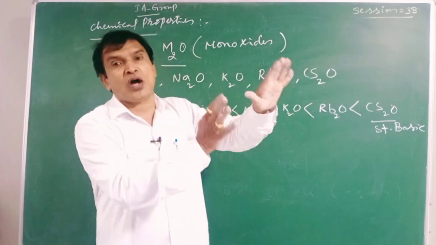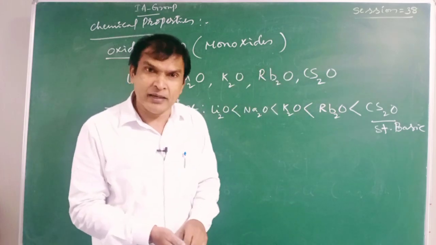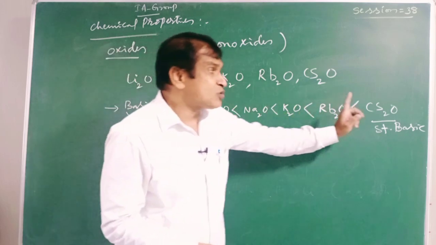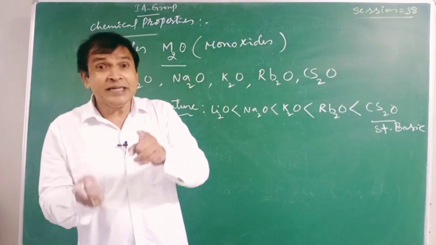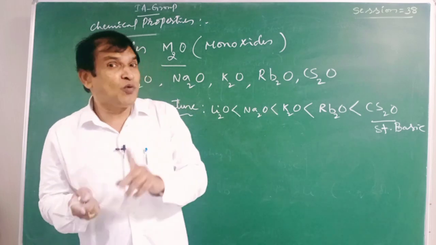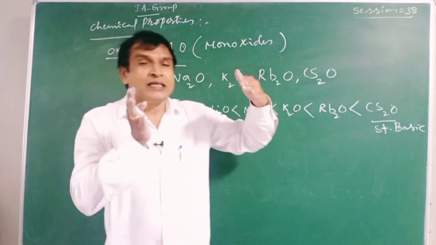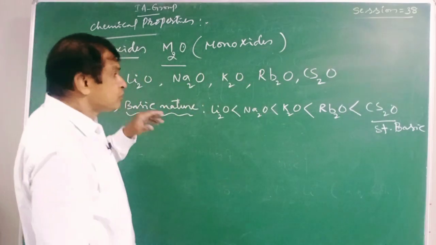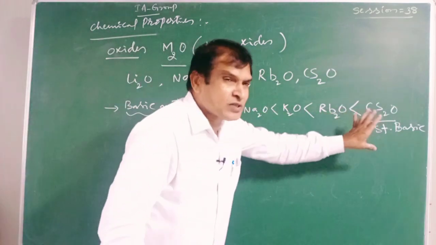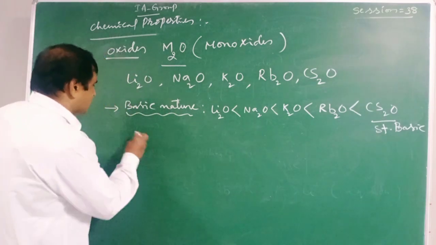The substance which possesses a high degree of ionization is called strong. It may be an acid or a base. Being a strong base, cesium oxide possesses a high degree of ionization in water, so it forms a strong basic solution. Therefore the solubility of the oxides increases from top to bottom.